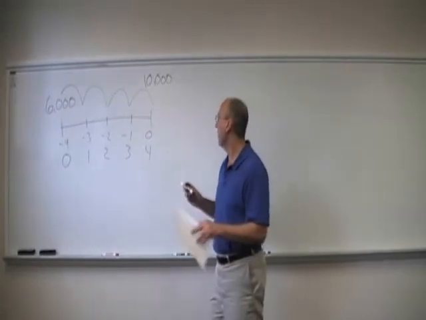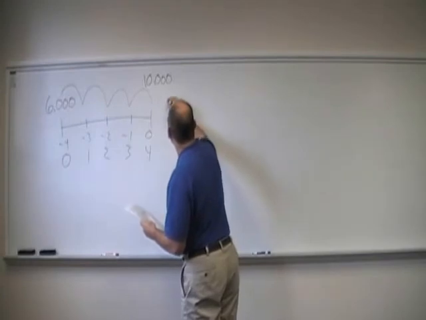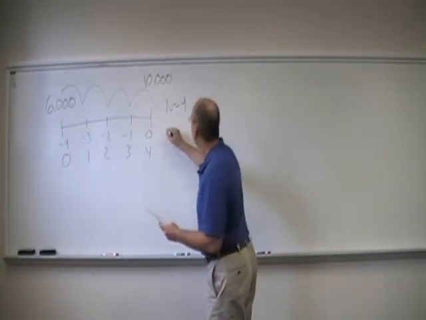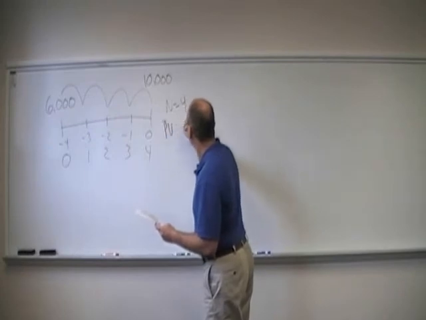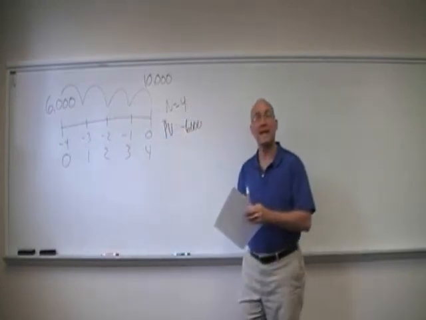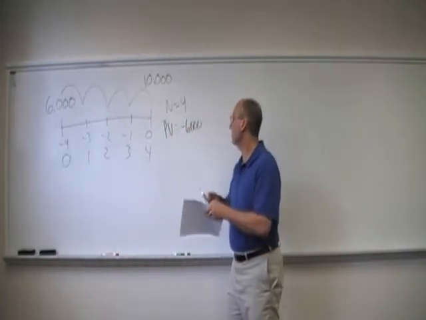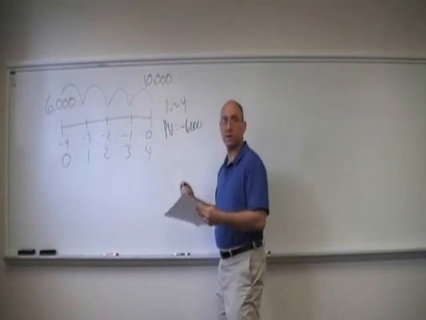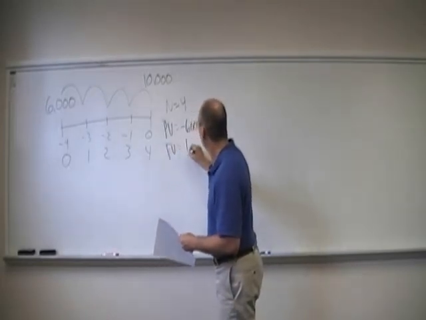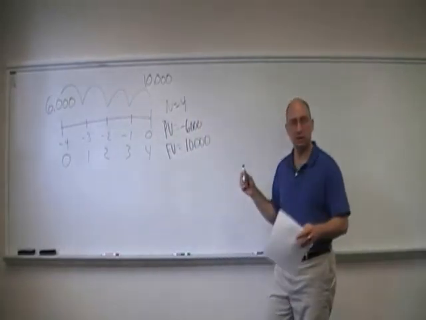So we want to figure that out. So if you set n equal to 4, PV equal to negative 6,000, we invest 6,000. 4 years later, 4 periods later, in this case a period's a year, the investment is worth $10,000.